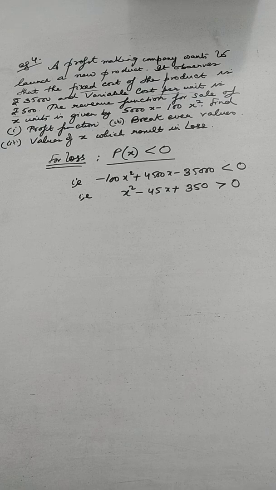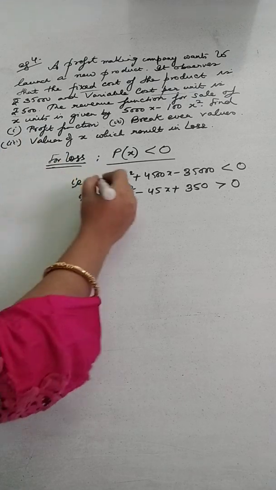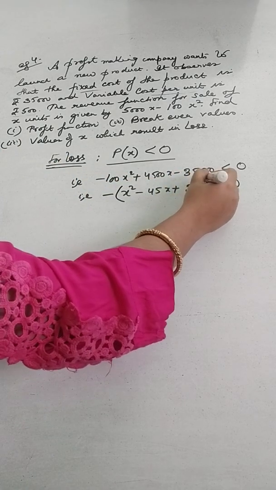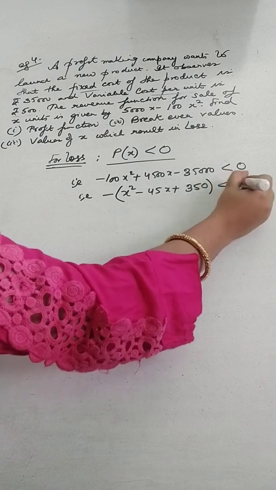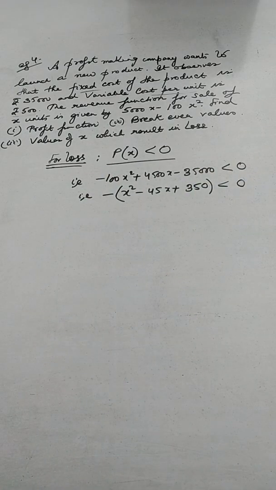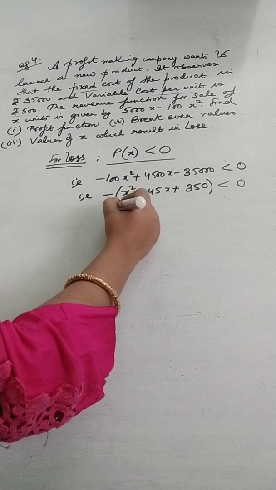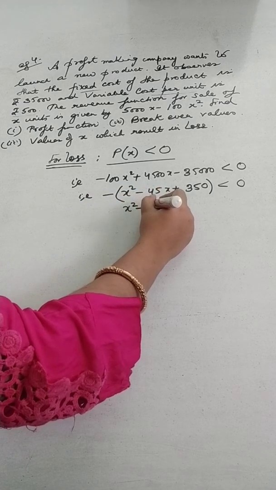You're dividing by 100 and taking minus common. Leaving out 100, as 100 is a positive constant, it becomes this.